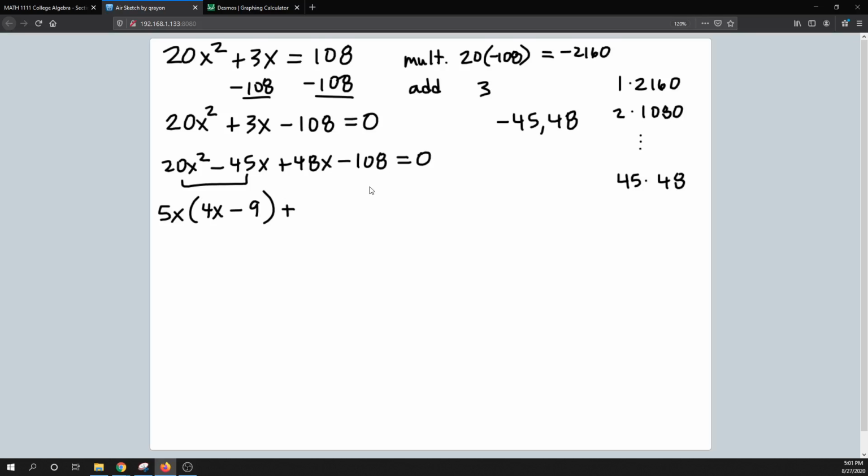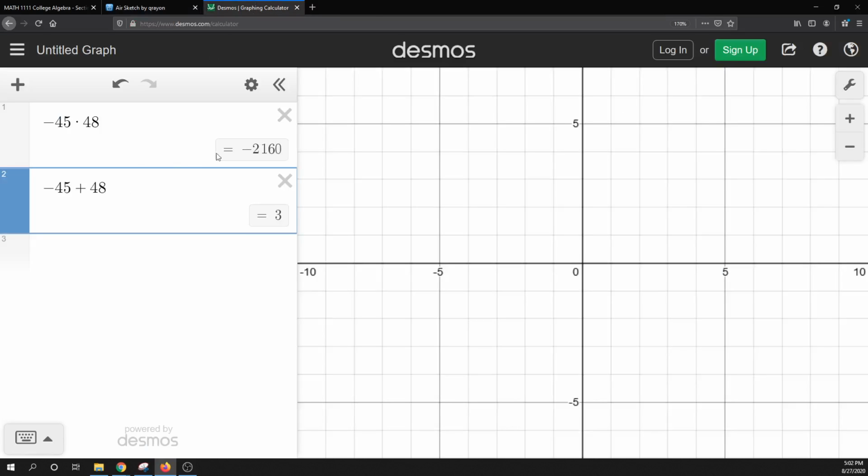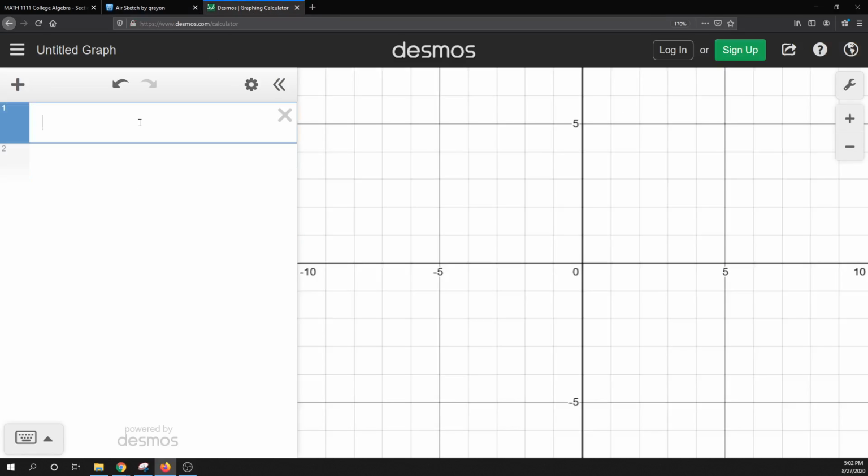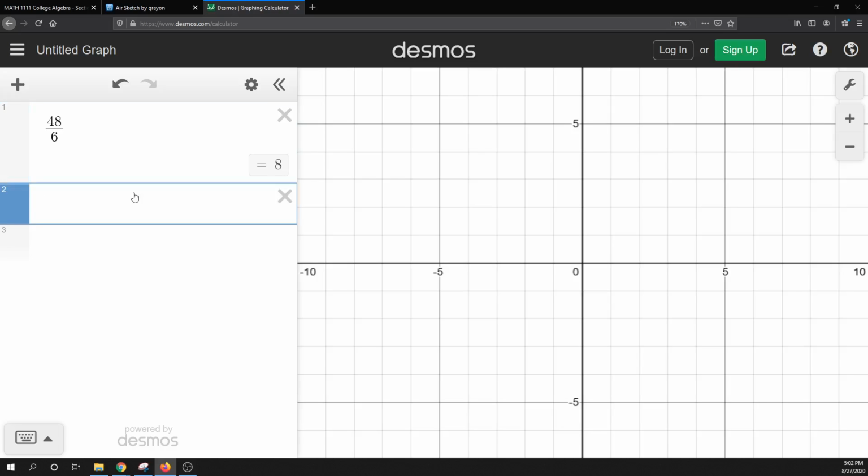48 and 108, what they have in common. Looks like 6 for sure, right, would go in there. So 48 divided by 6 is 8, right? And 108 divided by 6 is 18.